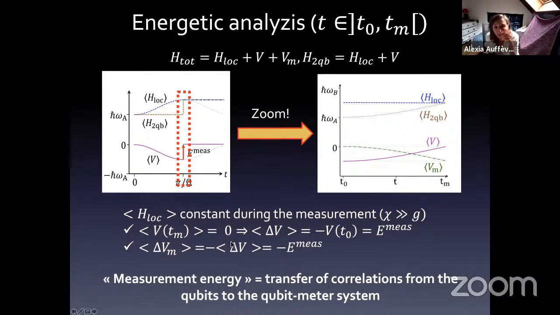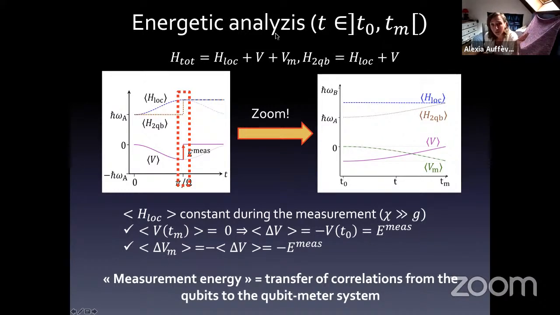So during this measurement, I'm starting from a correlation term. Sorry, what we saw before is that the coupling term between the two qubits, because of the measurement, gets erased. And this corresponds actually to the input of the measurement energy.